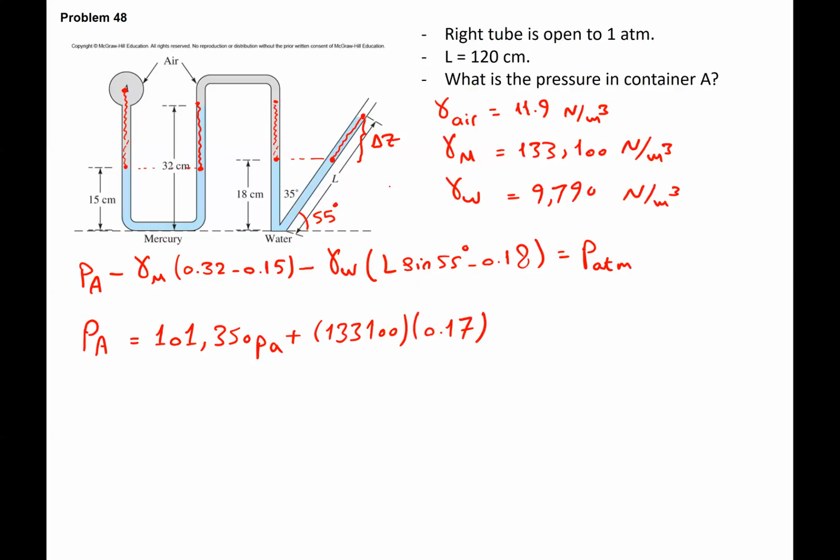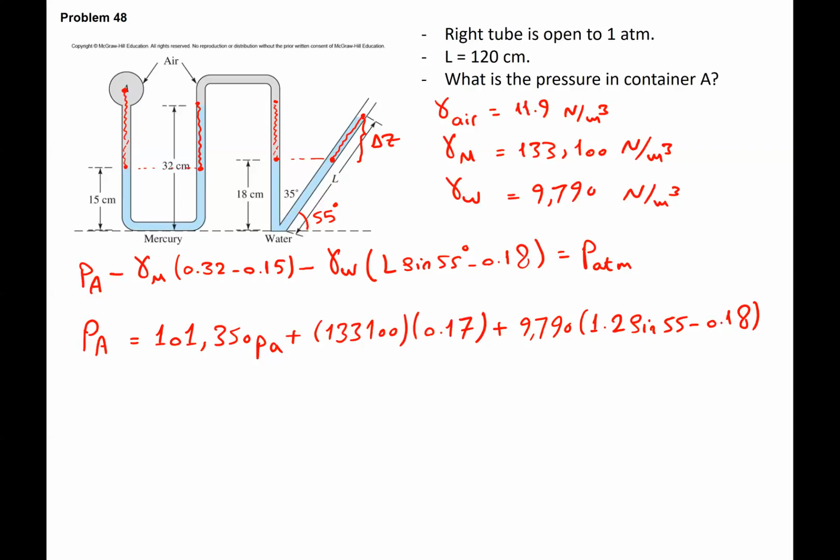This goes to the other side, so it becomes positive, plus gamma of water, which is 9790, multiplied by this displacement in z direction, L sine 55. The value of L is given 1.2, so it's multiplied by 1.2 sine 55 minus 0.18, and then that's it.